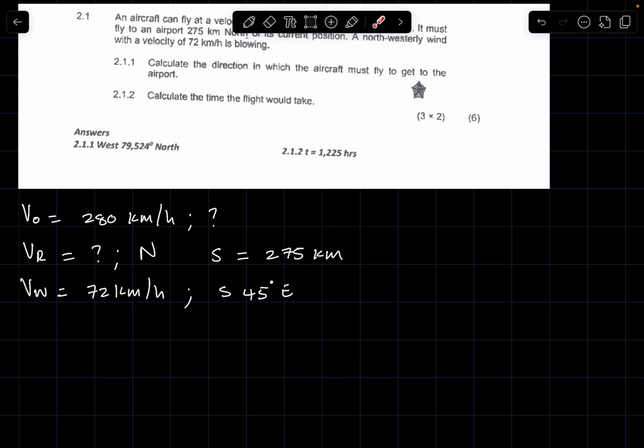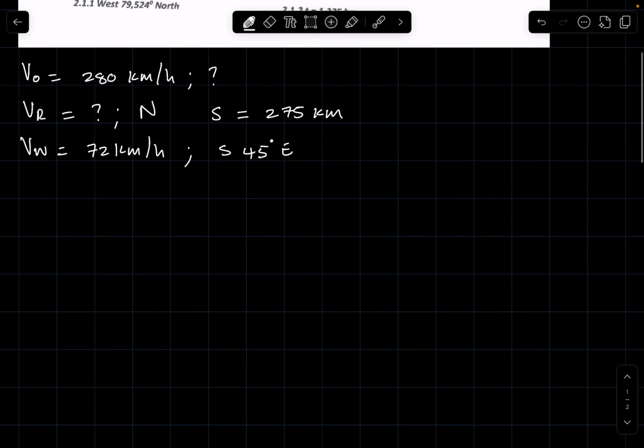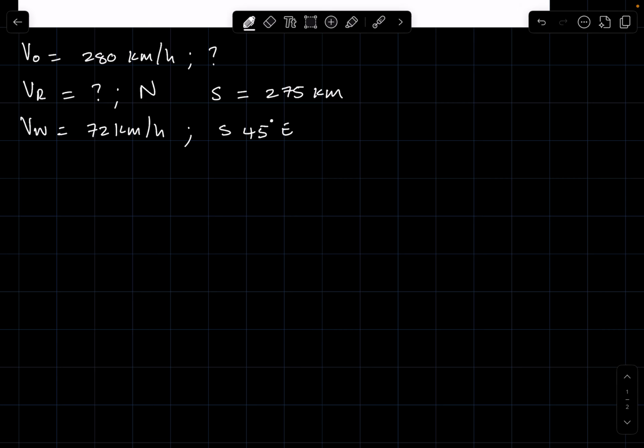Before we go to our calculations, let's first draw the schematic illustration of our given information. So you draw your Cartesian plane.